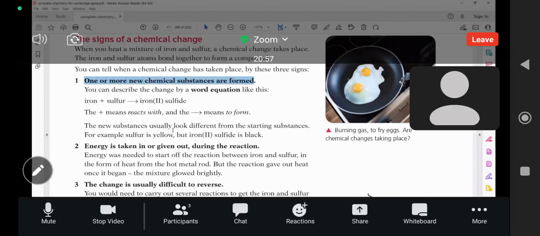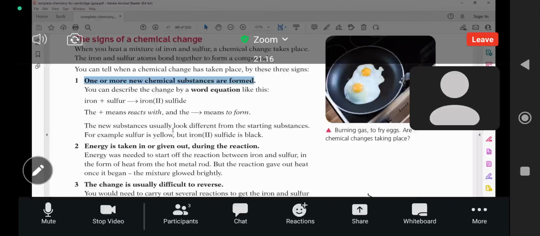Shall I erase this portion? Symbol equation, you have written. Yes. So these are starting substances, and this is called new substances.